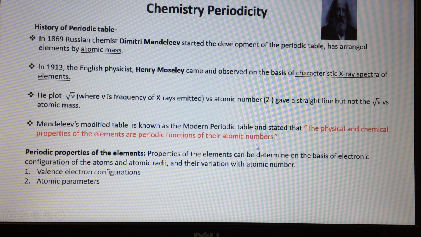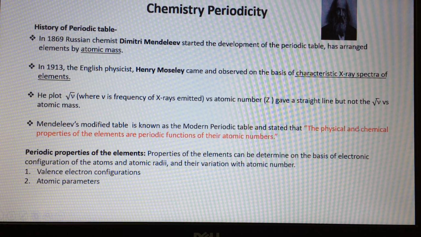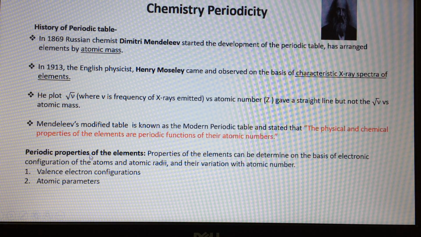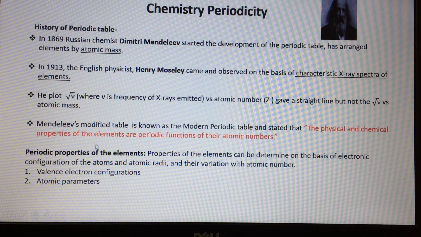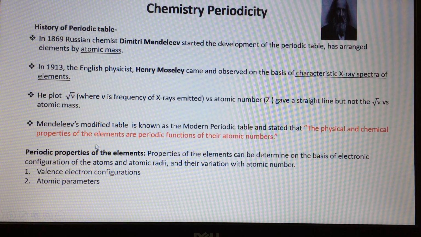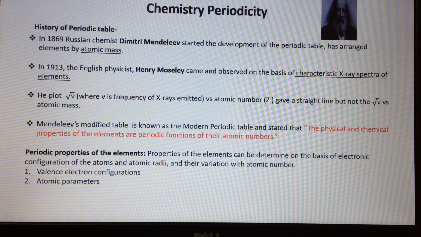That means the physical and chemical properties we can determine as a function of atomic number, not atomic mass.